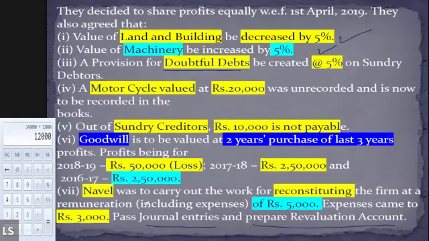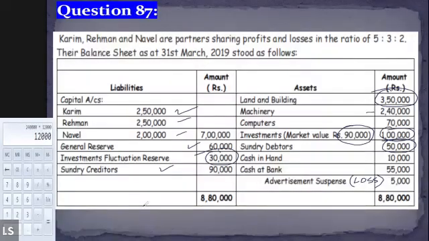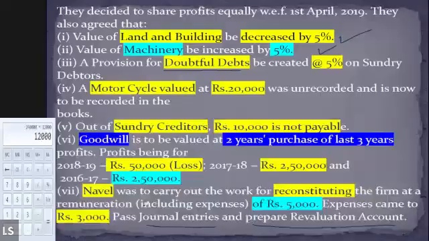Looking at the balance sheet, you won't find a motorcycle anywhere because the value of the motorcycle was not recorded earlier, but we'll be recording it now. So recording the motorcycle in the books of account is going to increase the overall value of the asset. And since the assets are increasing due to the valuation of the motorcycle, what are we going to do with the increase?